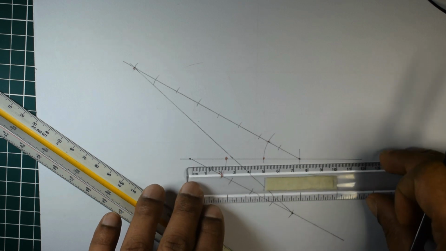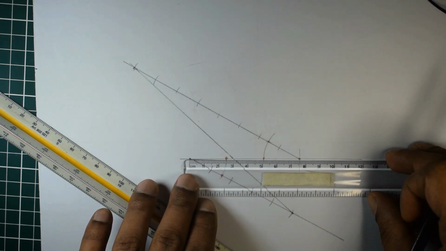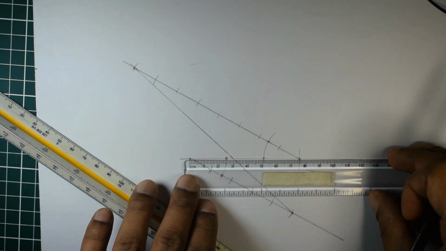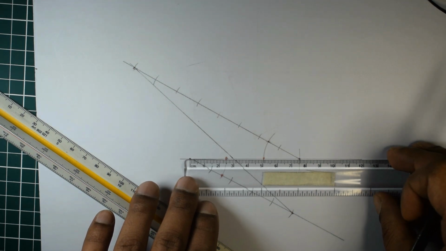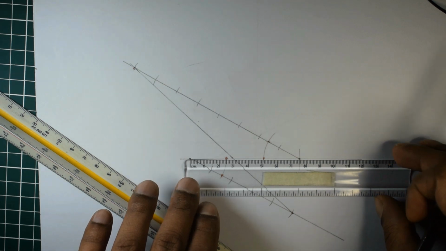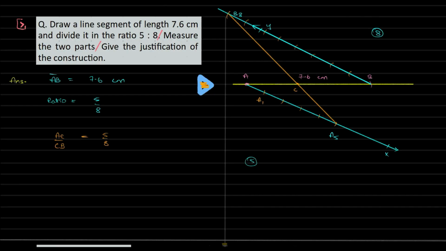Of course, we need to label it and measure it as well. So 7.6, right? And they are intersecting around 2.9. 2.9, right? 2.9 if not 3. So 3, minus 4.7, minus 4.6, minus 3 is okay.